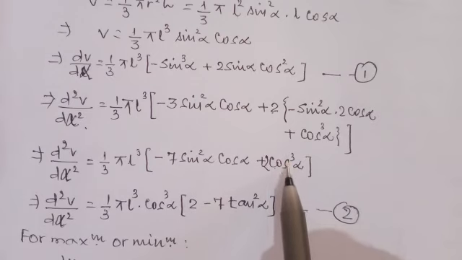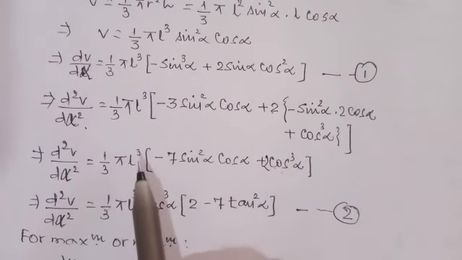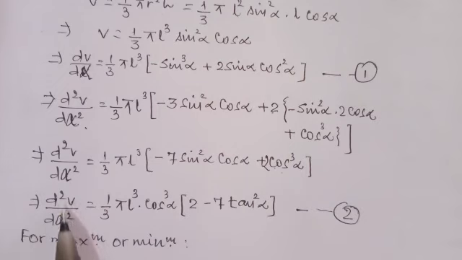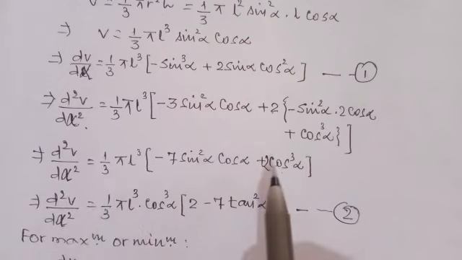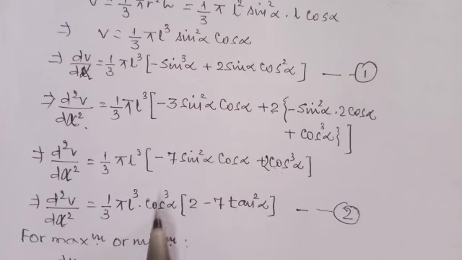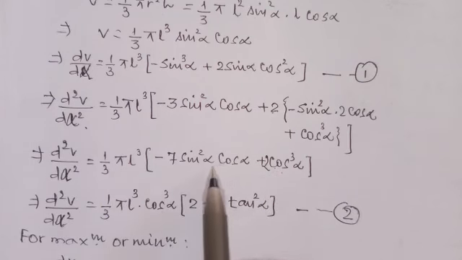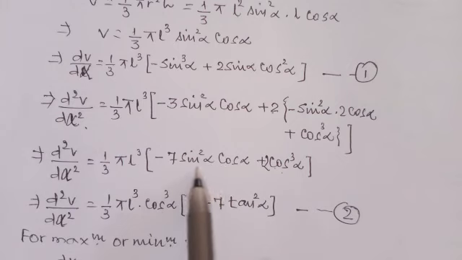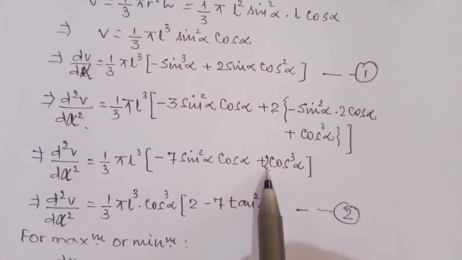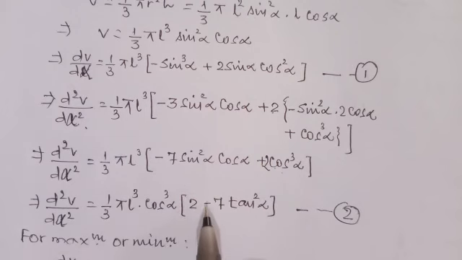Cos cube alpha should be taken as common, then d2V upon d alpha square is 1 by 3 pi L cube cos cube alpha. So here cos square alpha should come in the denominator, and sin square alpha upon cos square alpha is tan square alpha, and this becomes only plus 2. So 2 minus 7 tan square alpha. Consider it as equation 2.